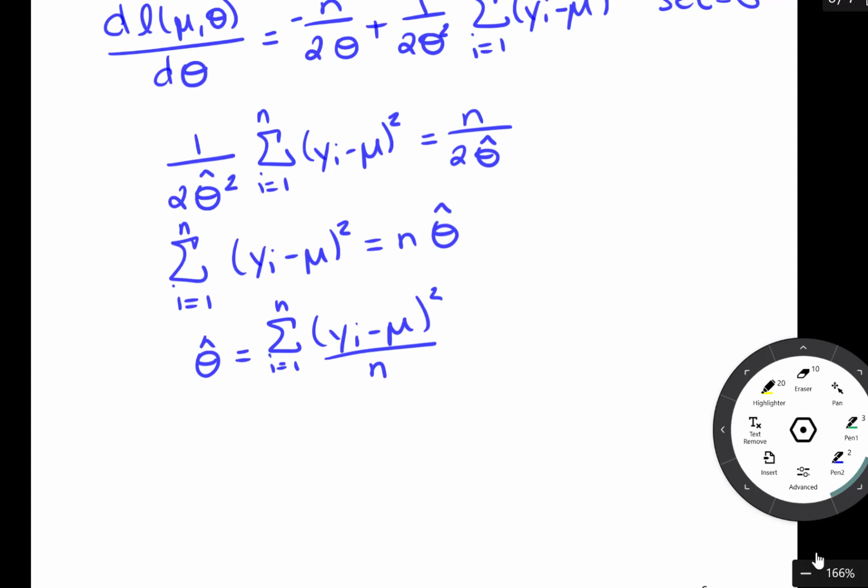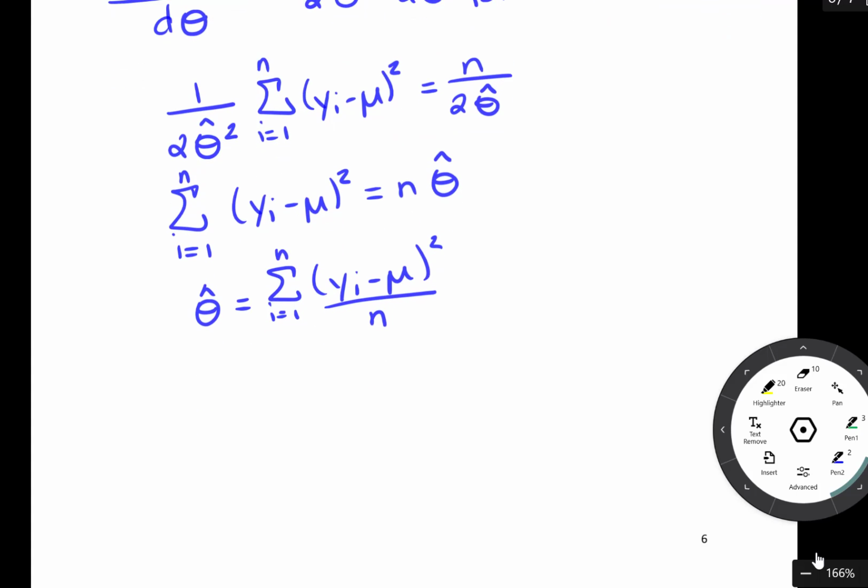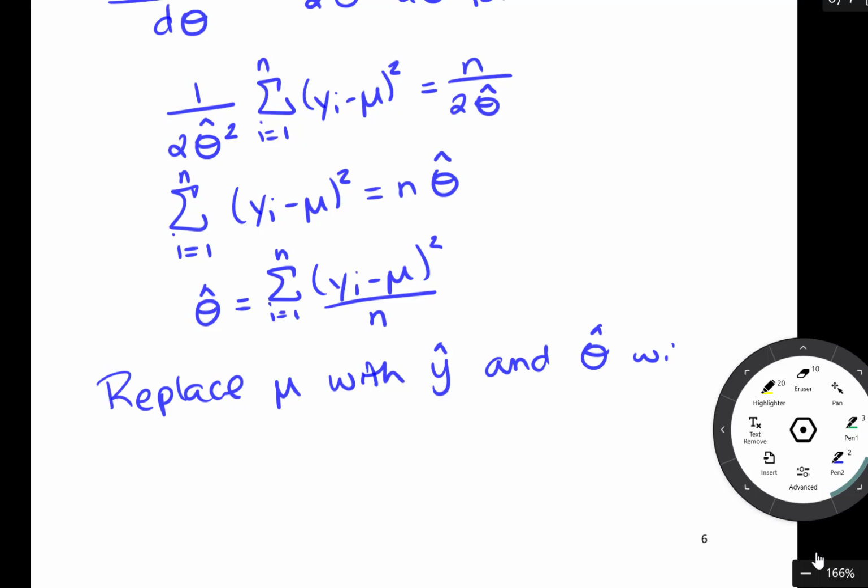And then what we could do is, since this estimate does contain the parameter mu, we could replace mu with its MLE, which is y bar, and we're going to replace theta hat with sigma squared hat.